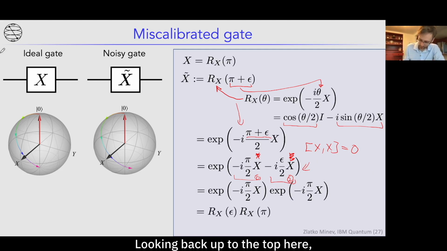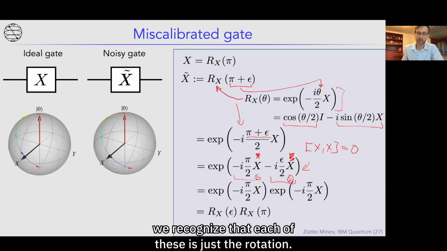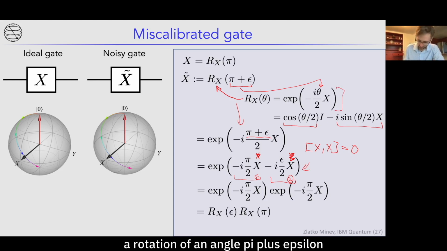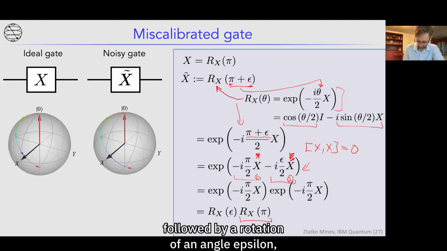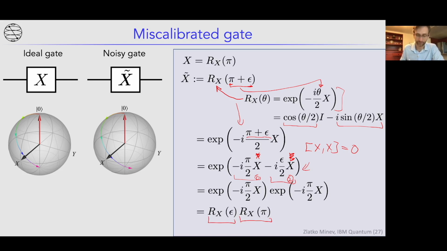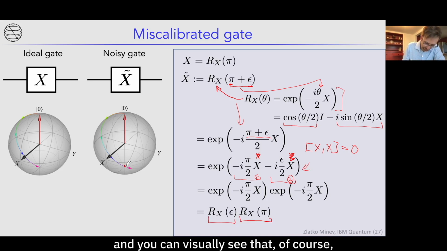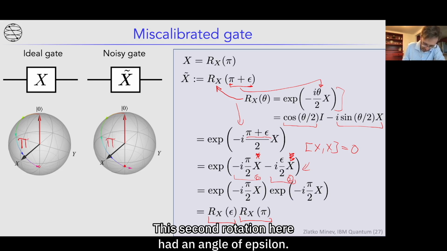Looking back up to the top here, we recognize that each of these is just a rotation. In other words, a rotation of an angle pi plus epsilon is just equal to a rotation of an angle pi followed by a rotation of an angle epsilon. And you can visually see that, of course, as seeing that this first rotation here had an angle pi, this second rotation here had an angle of epsilon.